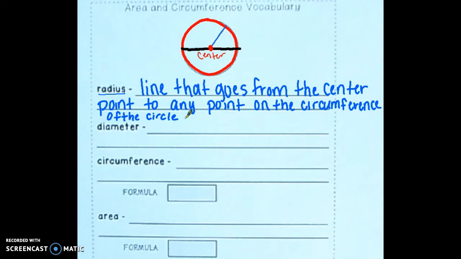So the radius is the line that goes from the center point to any point on the circumference of the circle. So any point from the center to the circle itself.